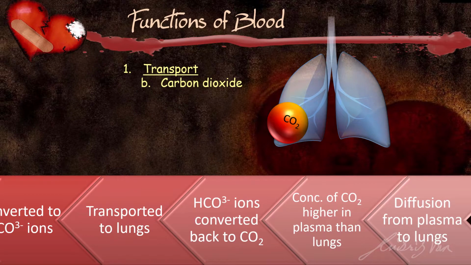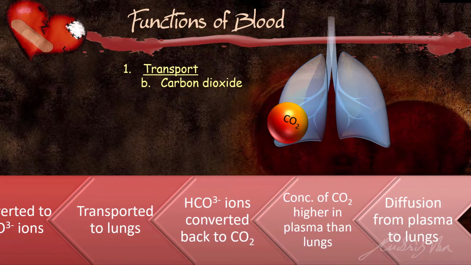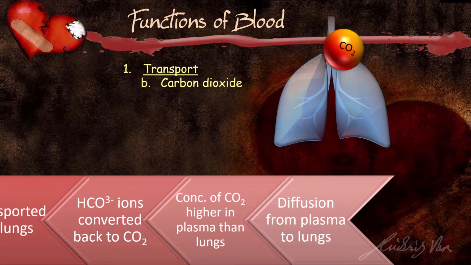And when we breathe out, the carbon dioxide will be forced out from our lung into the surrounding. So this is also part of the function of blood plasma as well as red blood cell, because red blood cells are involved in the conversion of carbon dioxide into hydrogen carbonate ion as well as the reverse process.